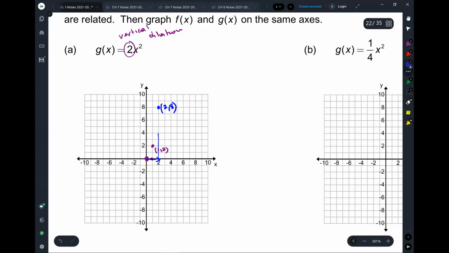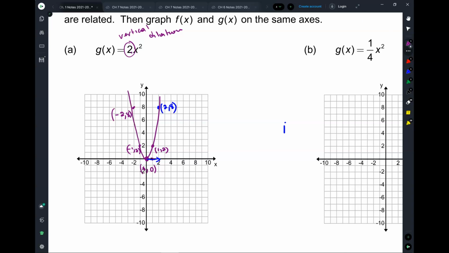But now I go 4 times 2, 8 up. And then when you mirror these this way, you get negative 1 comma 2, negative 2 comma 8, and this was 0, 0. All right, so it's much narrower than before.